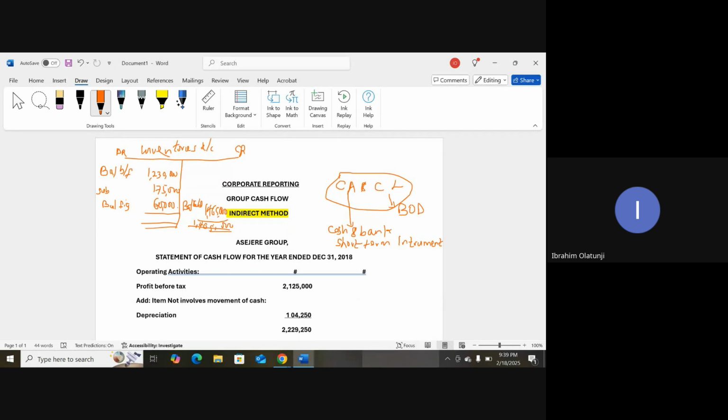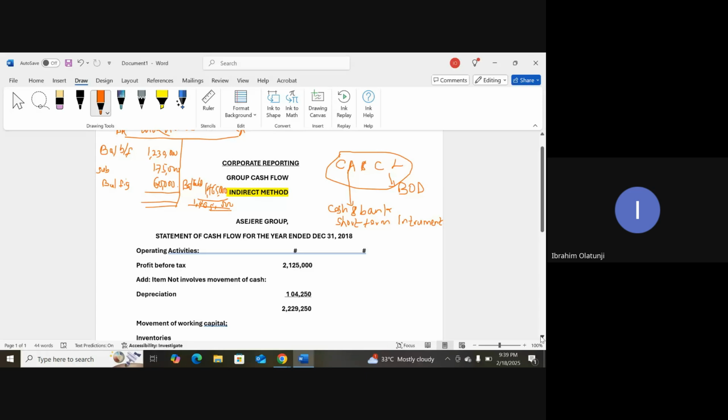Are we all getting it? Or you need more explanation? We are okay. Your closing balance is showing 1,465,000, while your opening balance is not up to that. It means that there is increase in inventory. By how much? By 60,000.